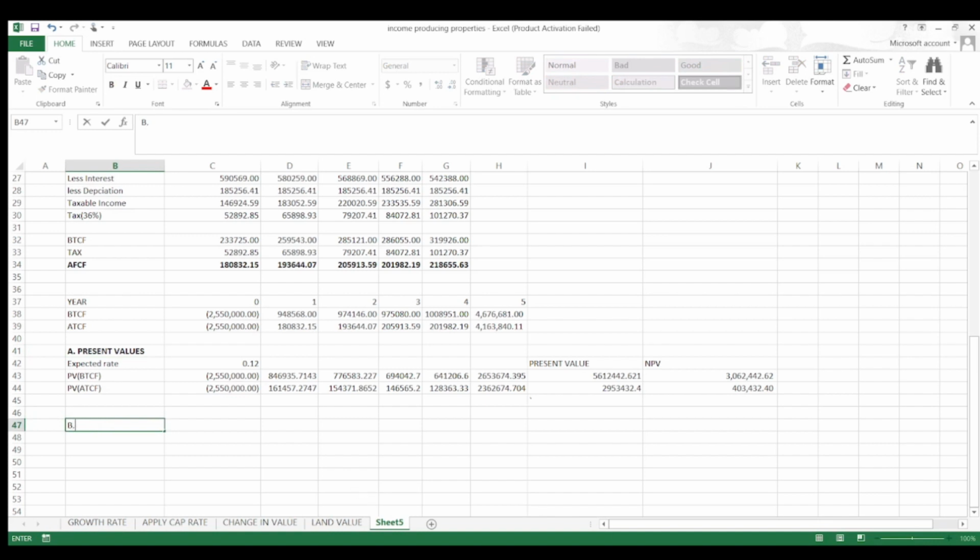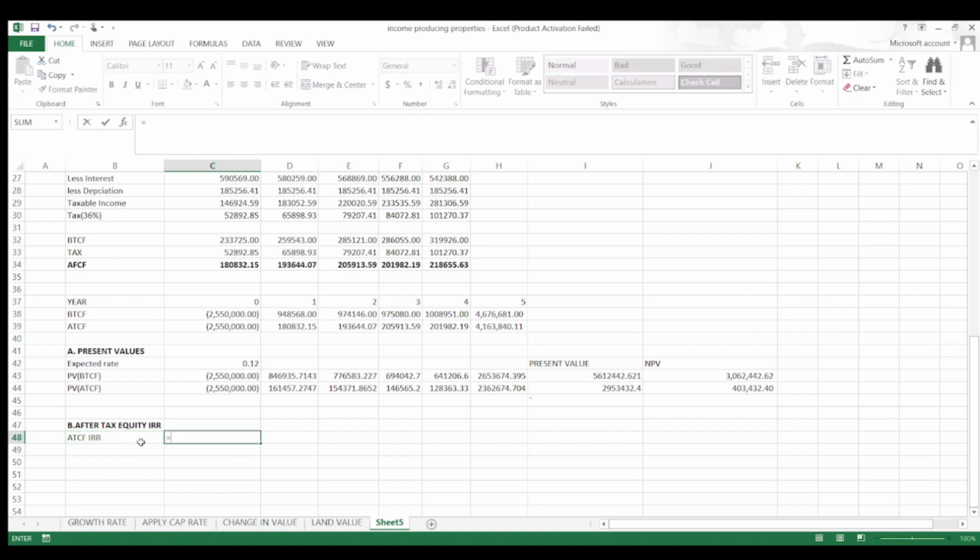So the second question was, compute the after-tax equity IRR. Now for the formula of getting this, we first need to note the after tax cash flow IRR.